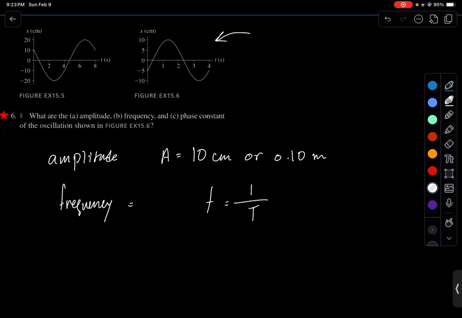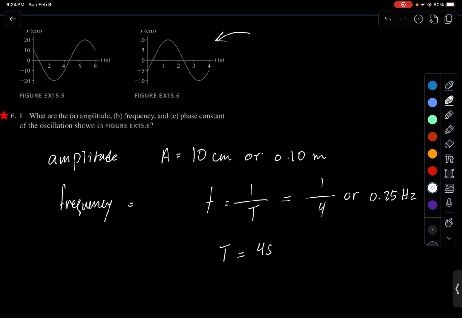It means how long it takes for a complete cycle. Here we see a complete cycle takes 4 seconds. So the frequency is a quarter, or 0.25 hertz. Also, the period is 4 seconds.